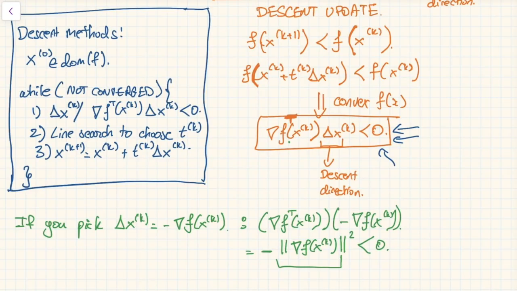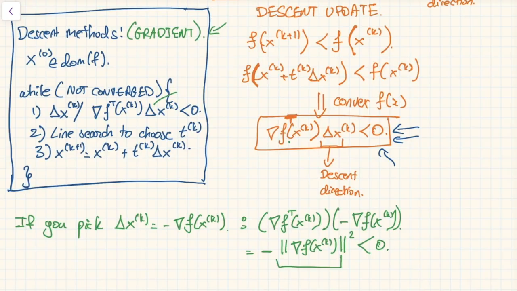So this is one choice of the descent direction, the negative of the gradient at xk. Replacing this choice right here will give you gradient descent. So gradient descent is descent, but your descent direction is the negative of the gradient. So if you want to see this in a gradient type way, you'd pick this guy.